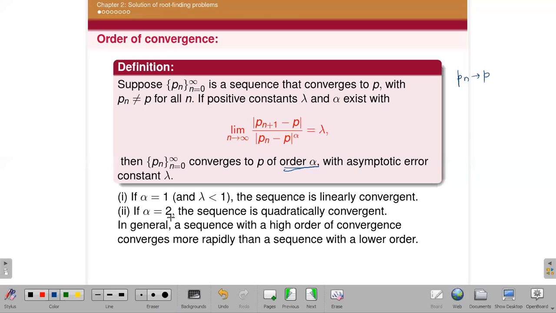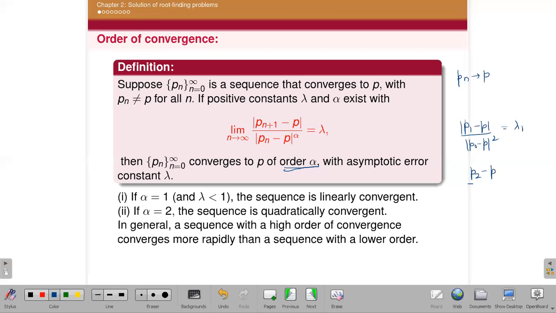And if alpha is equal to 2, meaning if you raise the power here, then the sequence is quadratically convergent. Suppose I am taking alpha equal to 2 and applying any method. I will get the first iteration P1 minus P by P0 minus P raised to power 2, and suppose you get lambda 1.